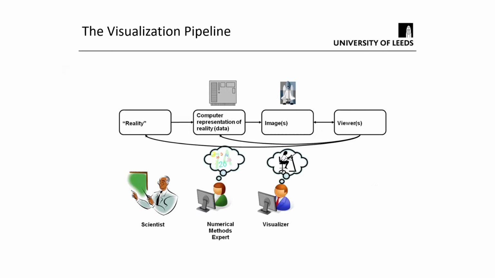And the visualization pipeline is really the computerized data flow or workflow of a computerized visualization system. So you've got reality. The scientist looks at reality using experiments or equipment like the Hubble telescope to look out to space, or microscopes. You've got the numerical methods experts who will change that into a computer representation of reality.